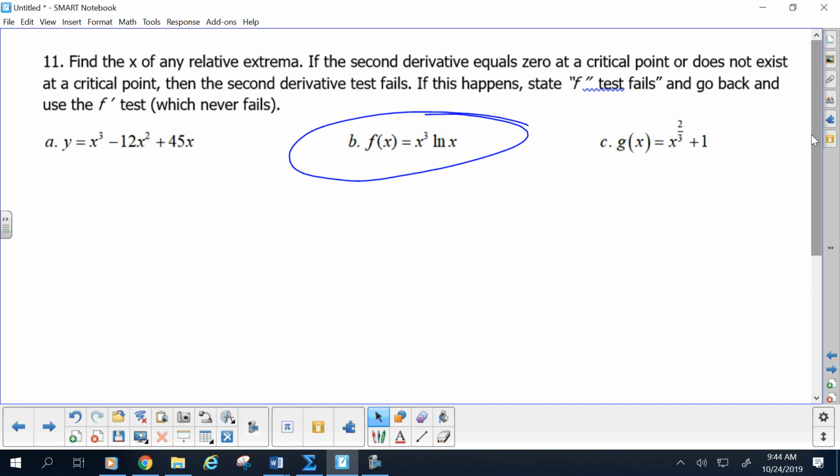Show your names on that paper, please. I'll come around and get it.